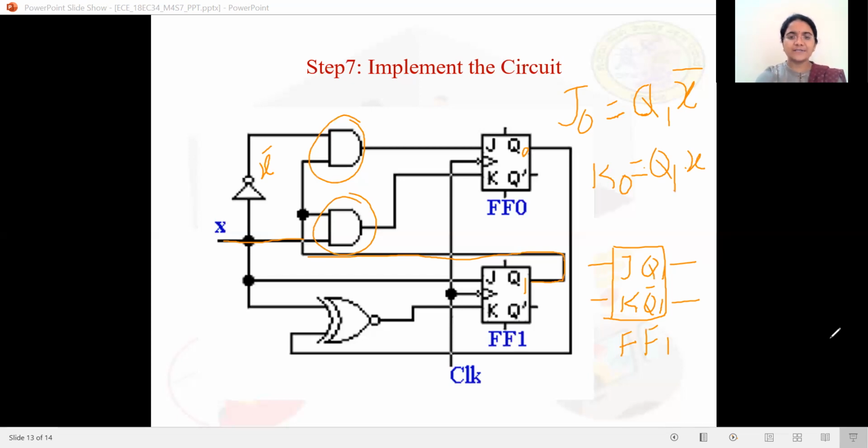So we write the clock, providing it simultaneously to both flip-flops. The first step while implementing the circuit is to write the flip-flops, and afterwards you check the equations, and depending on the equations you write the logic gates, the logic circuits, and provide the inputs to the flip-flops.